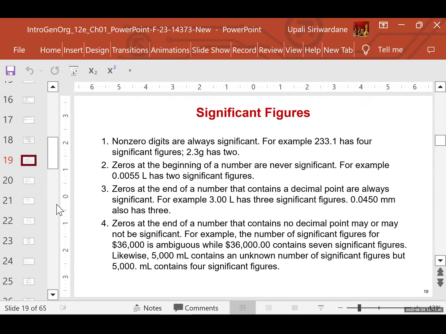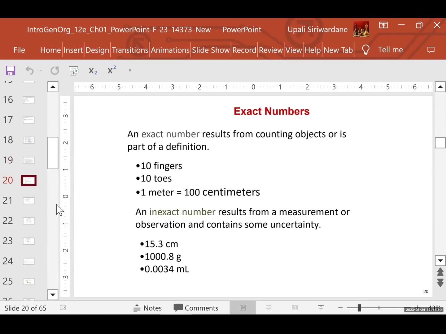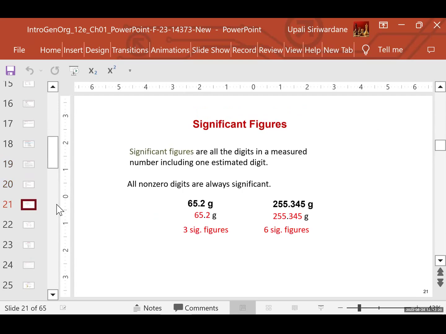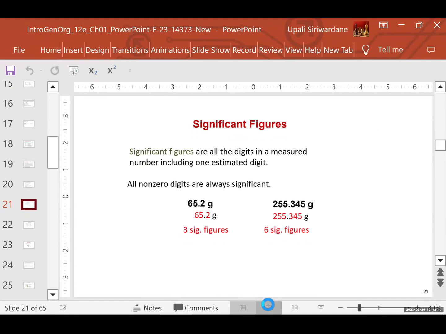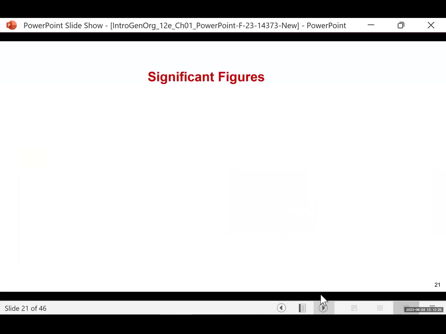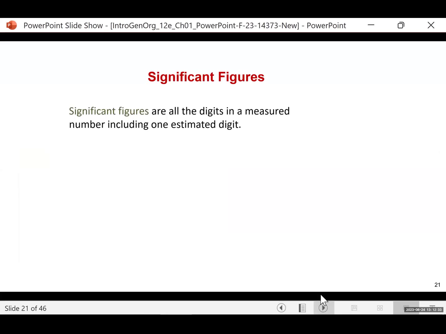Now, significant figure is a number that we assign to a measurement. Let me go through this. Significant figure, this is important. Significant figure is how many numbers we think are significant in the measurement.